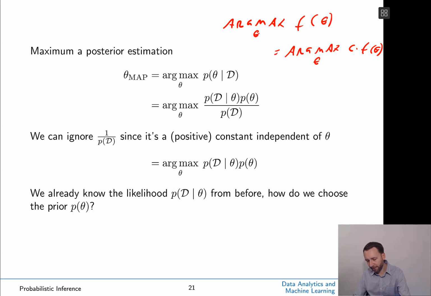The important point is that this constant does not depend on theta. And this doesn't change the solution of the argmax. We're just scaling the function up and down, but at which position on the x-axis the maximizer is doesn't change if we just multiply by some constant.